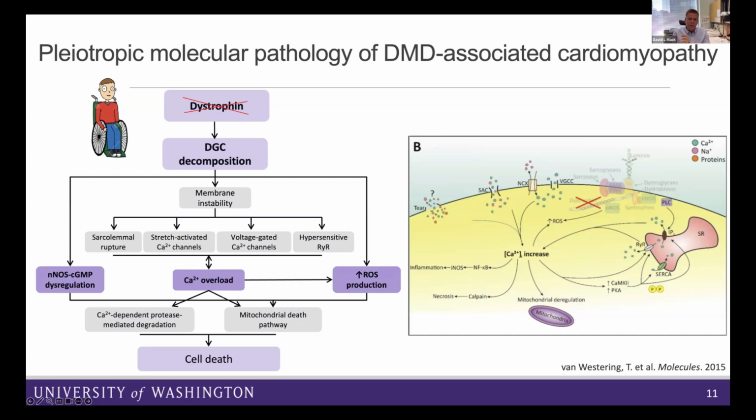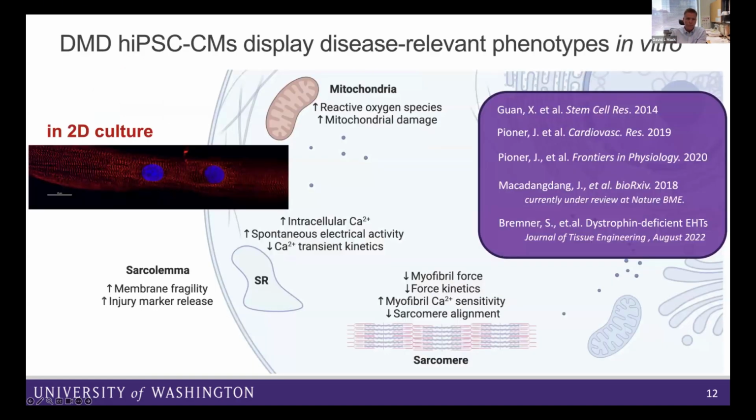All of these diverse mechanisms coalesce into the death of cardiomyocytes via calcium-dependent protease-mediated degradation and engagement of the mitochondrial death pathway. So it's the cycle of dystrophin deficiency, cardiomyocyte death, and deposition of fibrosis, and this cycle continues until we see heart failure.